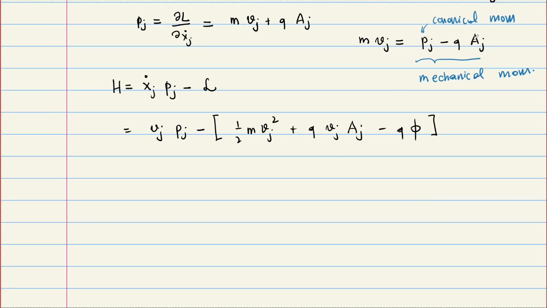Q multiplying Aj. So this is the charge of the particle. A is the vector potential, and you multiply Q with A, and it is kind of like a momentum. So this entire thing is the mechanical momentum of a charged particle in an electromagnetic field.